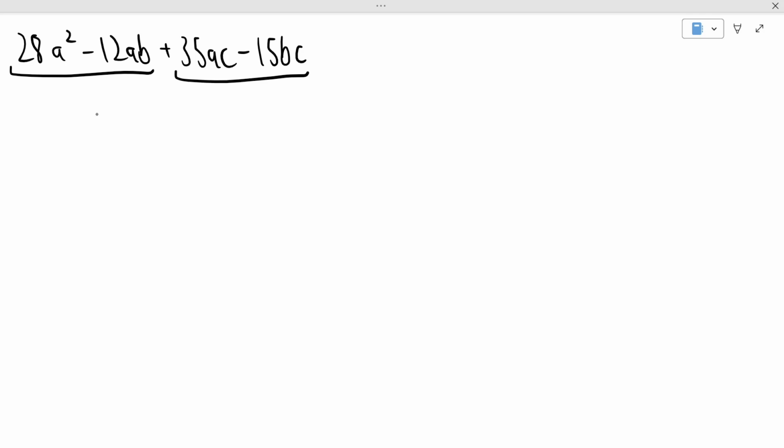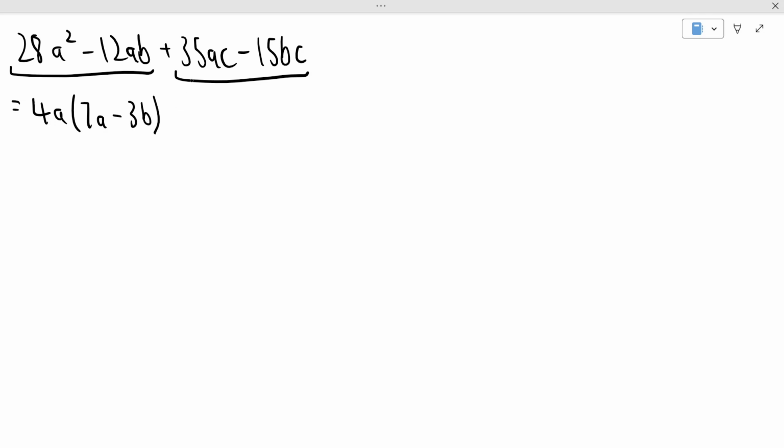So we'll continue the process by factoring the first group, and we'll take out a 4a, which is the greatest common factor, from both terms in the first group, and 28a squared divided by 4a is 7a, and the negative 12ab divided by 4a is minus 3b.